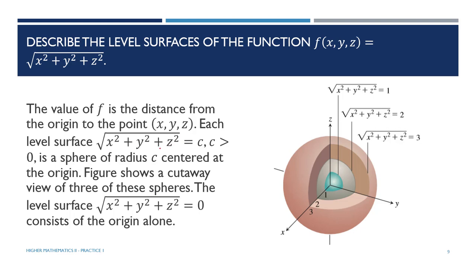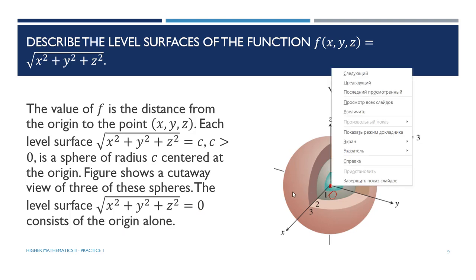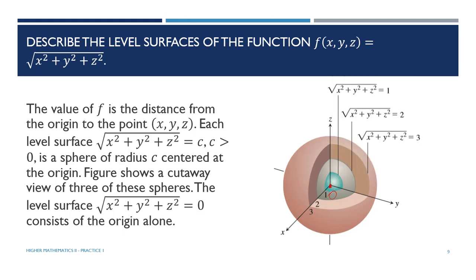Each level surface of this function, where the function equals c, and c is a positive number of course, is a sphere of radius c centered at the origin, which is this point, the point O. The figure shows a cutaway view of 3 of these spheres. The level surface of this function when it equals 0 consists of the origin alone. The point O is also a level surface for this function.